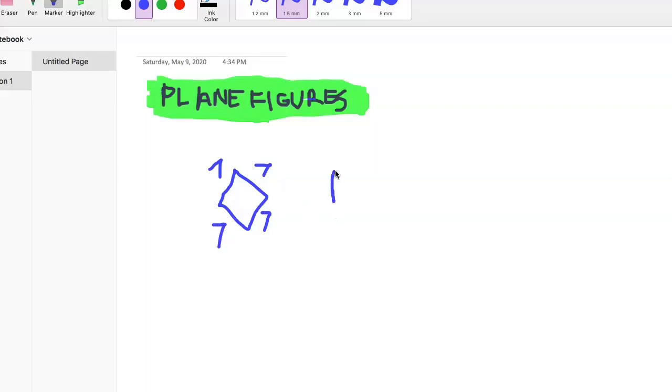So perimeter is just adding up 7 four times, 7 plus 7 plus 7 plus 7, 28. And if they wanted the area, then you're just going to multiply 7 times 7, and you would get 49.